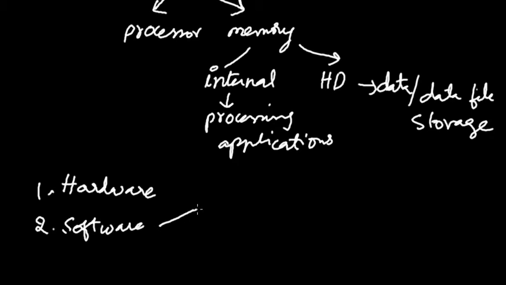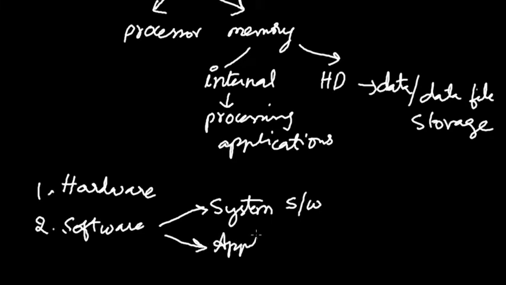One is the software that is used to run the hardware, which is called system software, and the software that is used by the user to do other activities, which is called application software. The C programming language can be used to design both system software and application software.